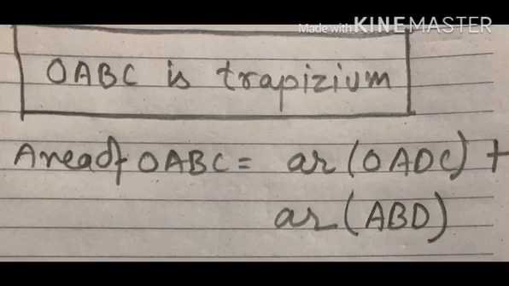OABC. OABC is a trapezium. Therefore, area of OABC is equal to area of OADC, which is a rectangle, plus area of ABD, which is a triangle.